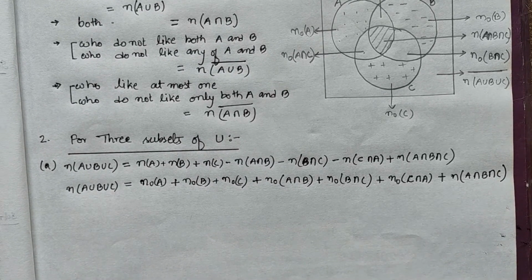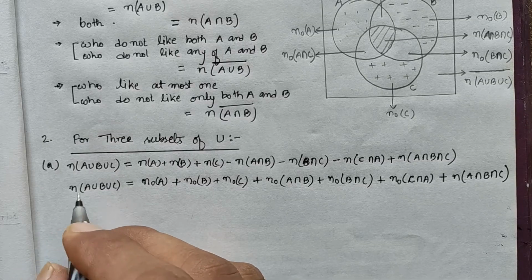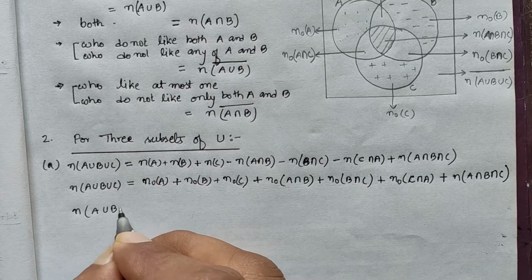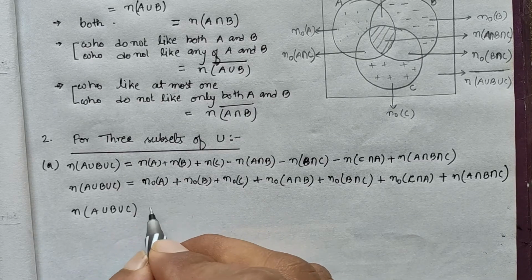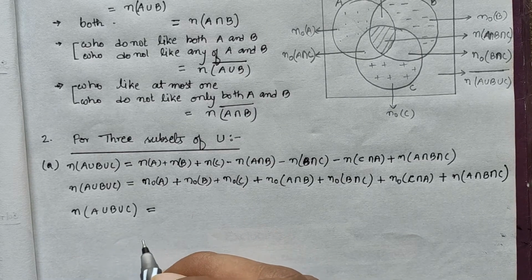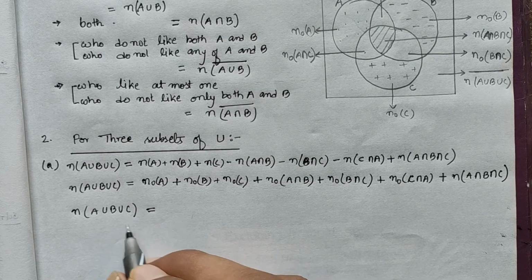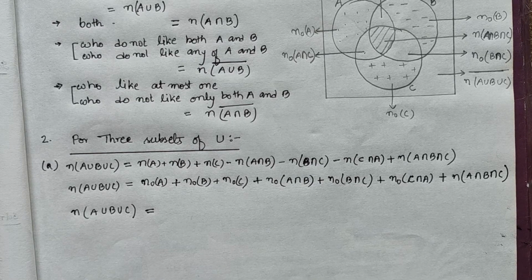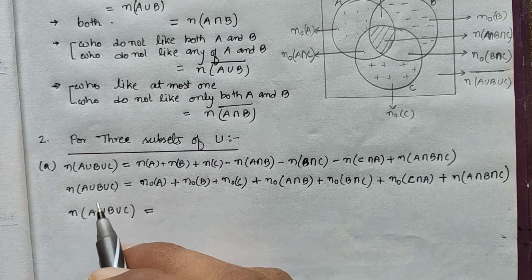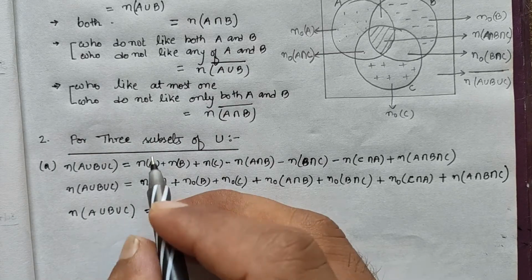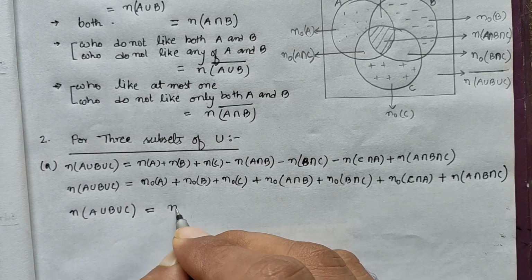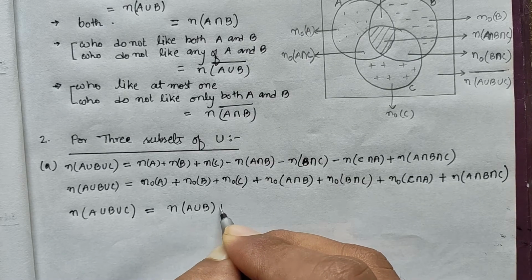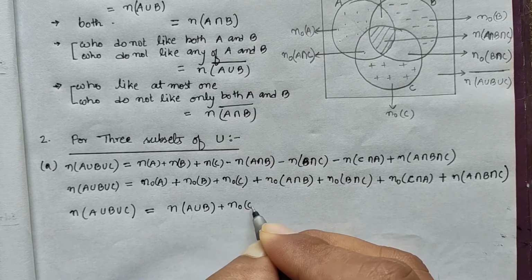And we have some other formulas also that we can write here. Another formula for n(A union B union C): we can write n(A union B) plus n(only C).